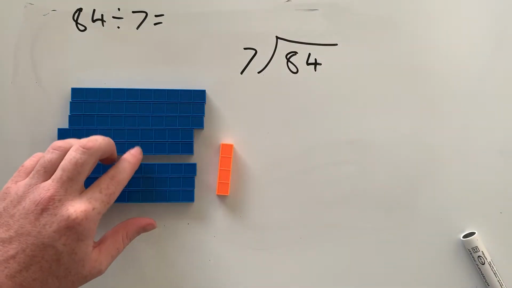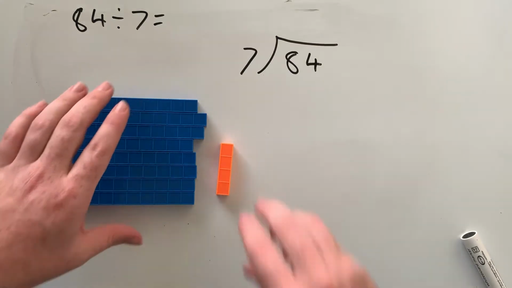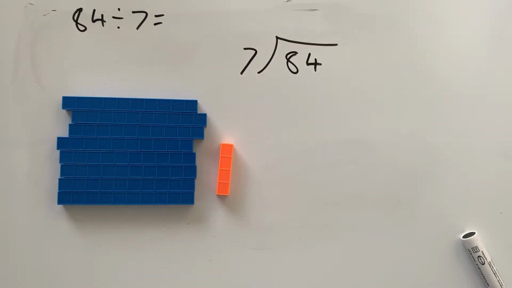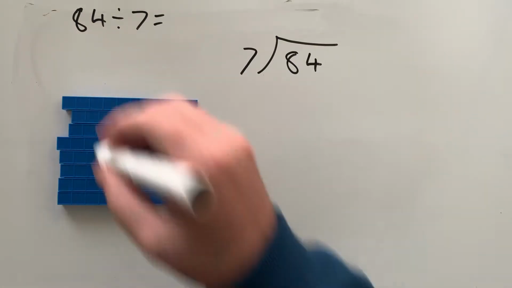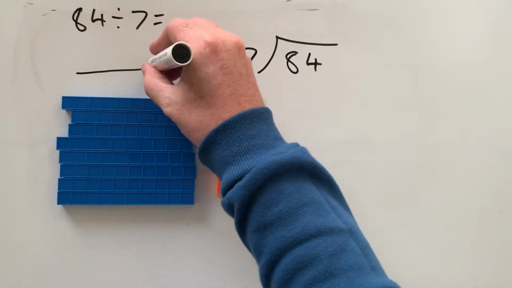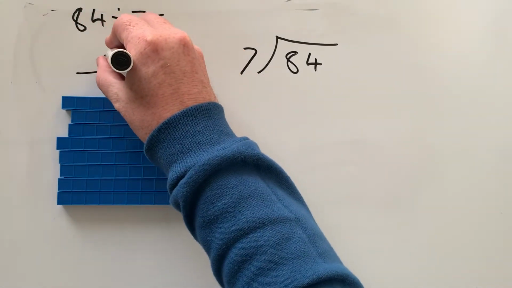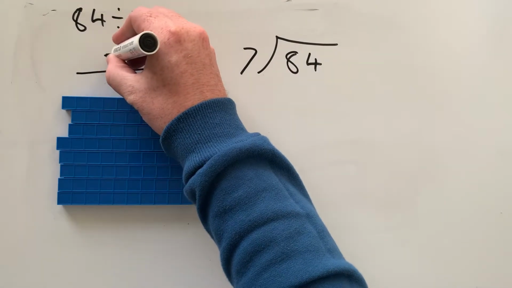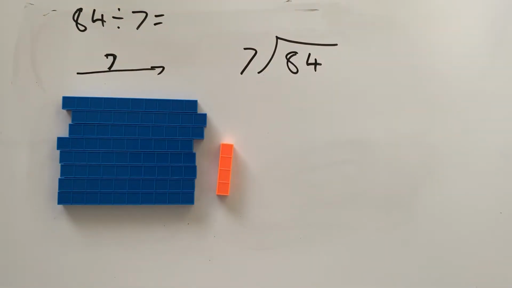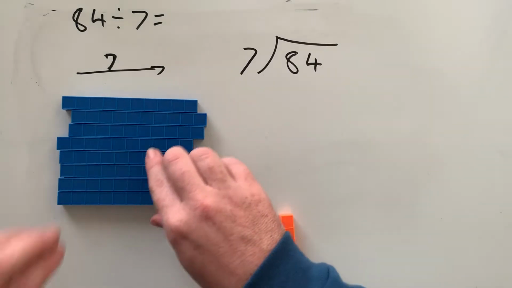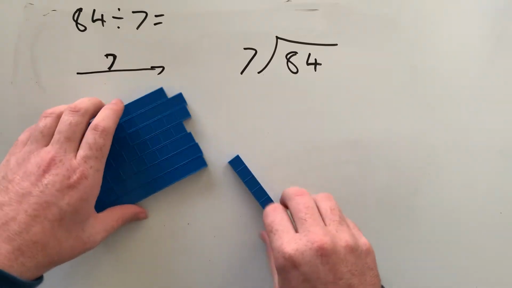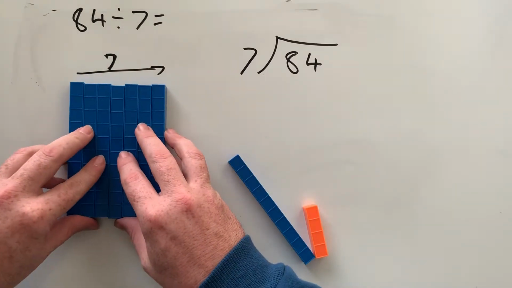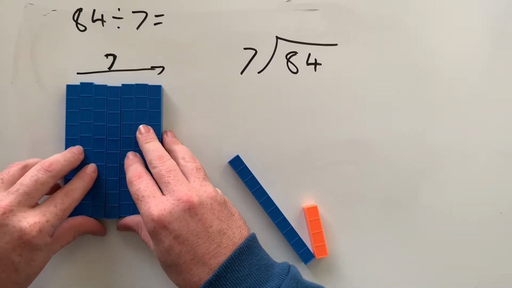Alright, 10, 20, 30, 40, 50, 60, 70, 84. And then we're going to start, we're going to build across 7. Again, we can either replace these with 7 blocks, or if we get 70, turn it on its side. So I've built 7 across.